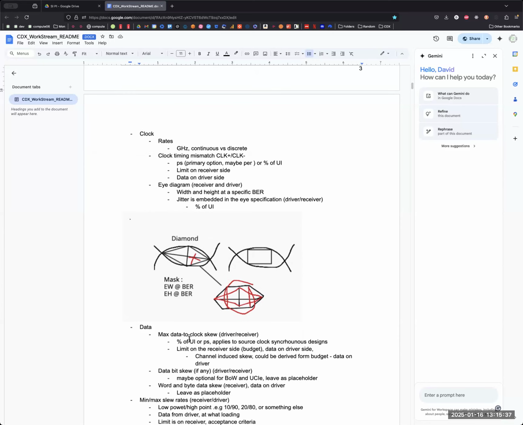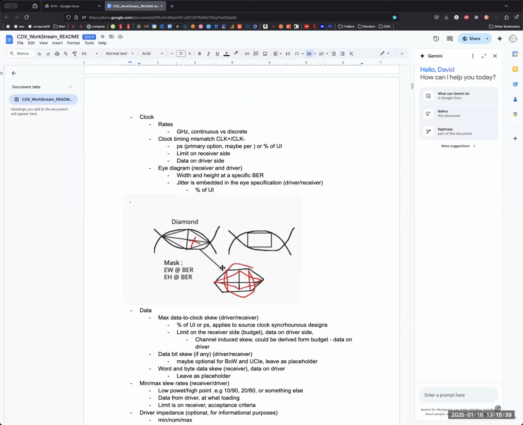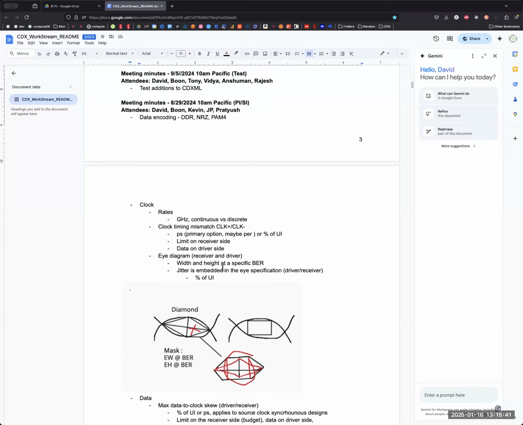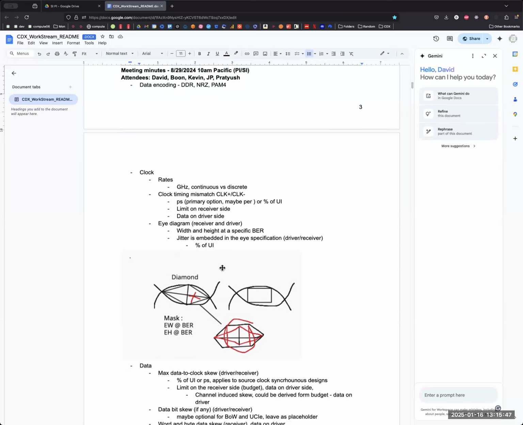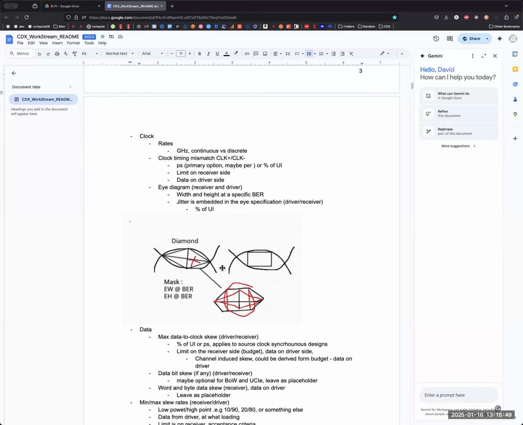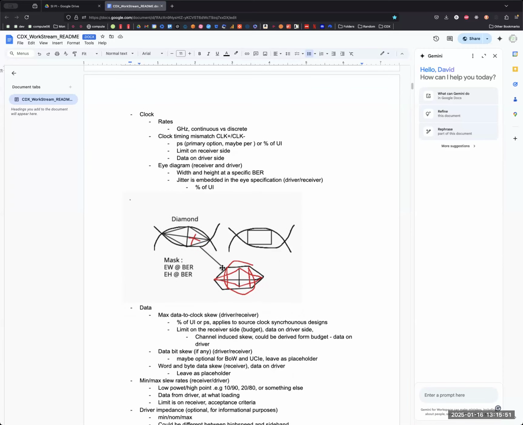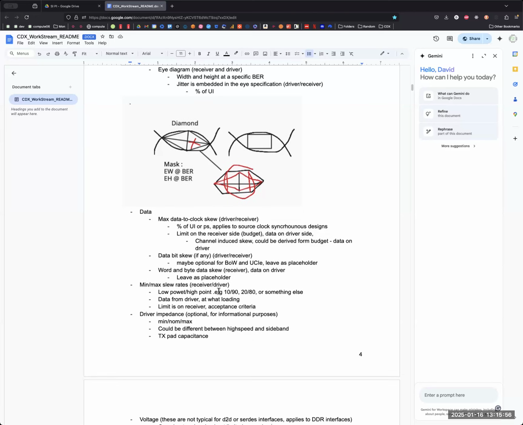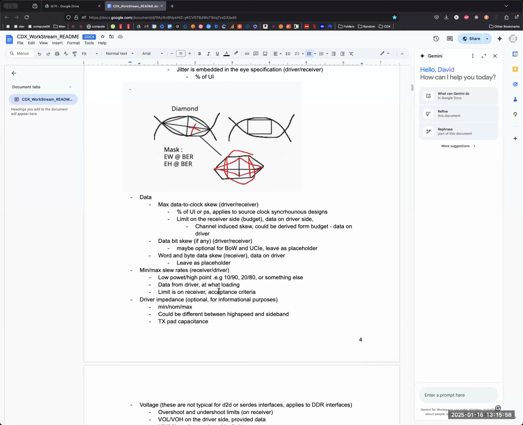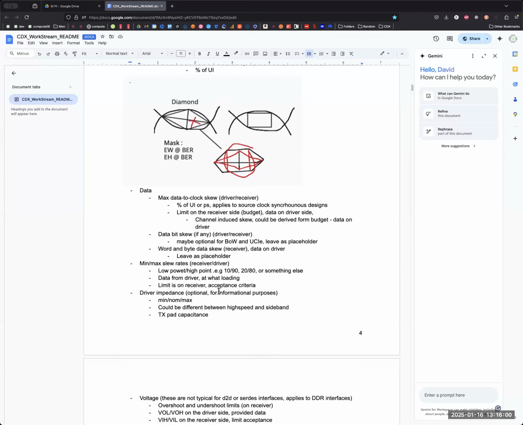So what we have looked at is properties of the IP in terms of what are the encodings, what are the clock rates, what is the clock mismatch, eye diagram limits, data skew, bit skew, or word and byte skew, right? Some standards have different requirements about that.